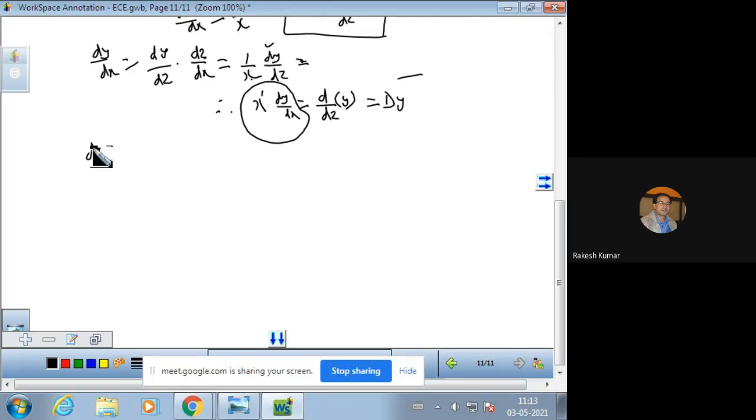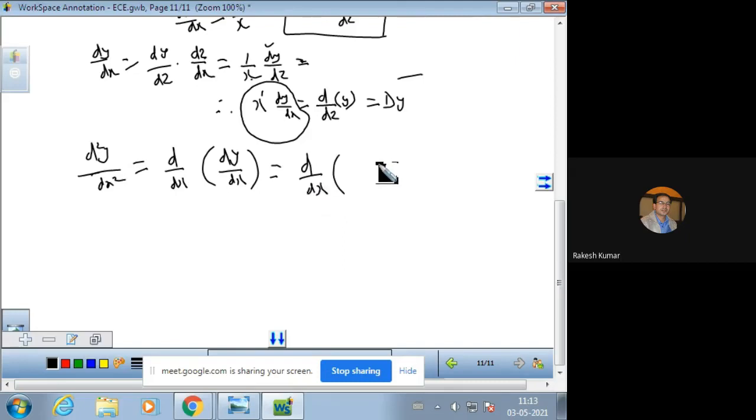Now, we can also find the second order derivative term, d square y by dx square. This is actually d by dx of dy by dx. You can put the value of dy by dx, which is 1 by x dy by dz. Substitute this value.